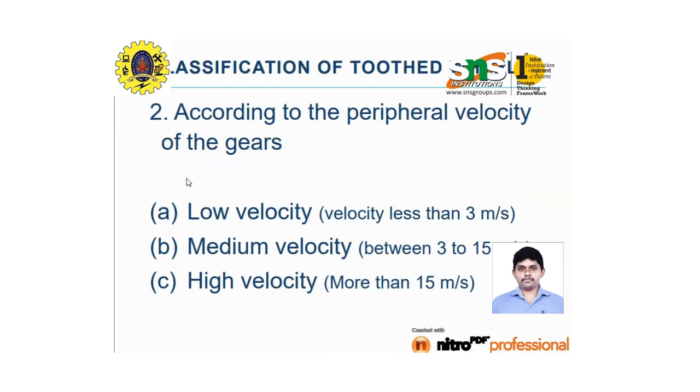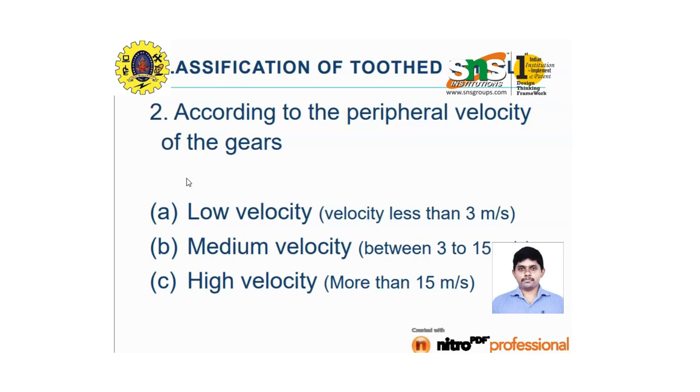According to the classification of toothed wheels, or otherwise according to the peripheral velocity of the gears, the gear's speed or velocity is mentioned as low velocity, medium velocity, and high velocity.